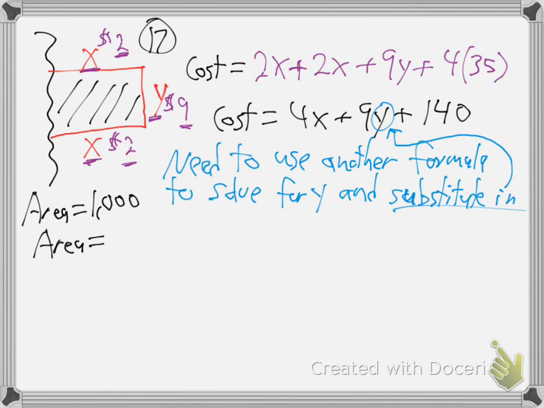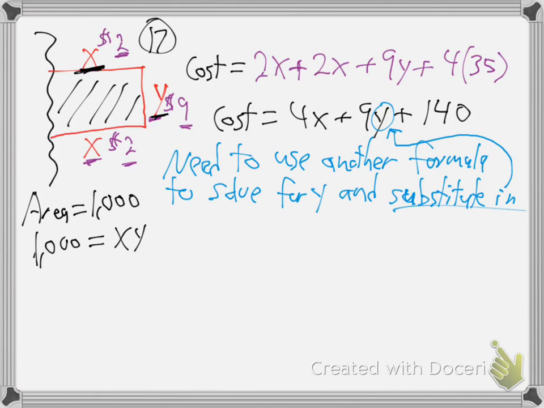Of the pen. How do you find the area of a rectangle? Base times height. One side times the other, called base and height, length and width, whatever you want to call it. One side times the other, x times y, huh? That makes sense? Area is x times y, which means it's 1,000. So 1,000 is x times y.